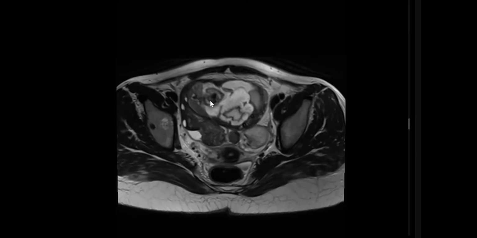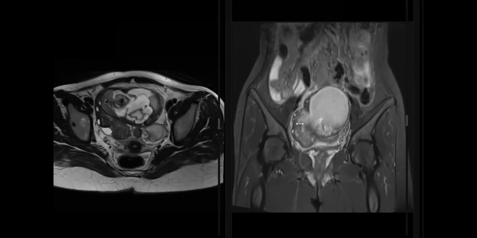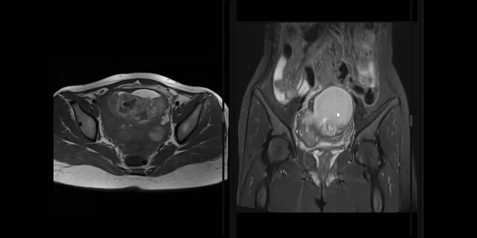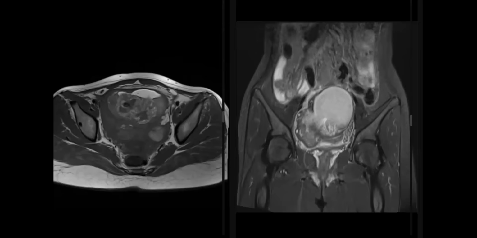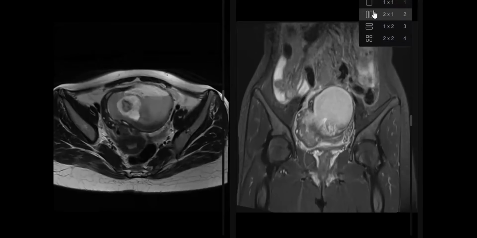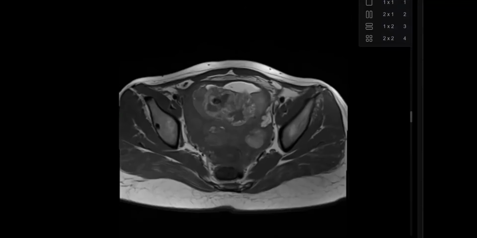Okay, I'll give you fat sat. Here is T1 and this is T2.